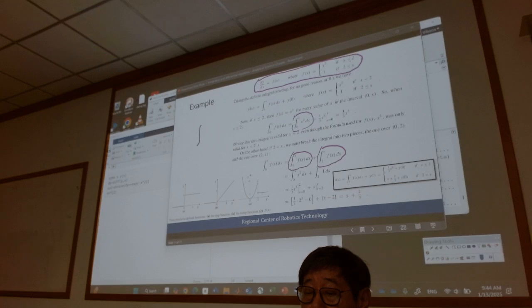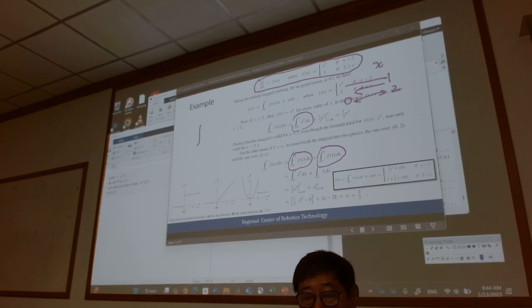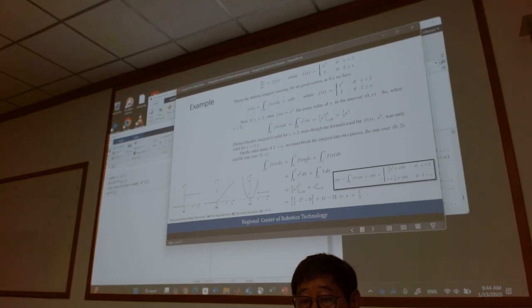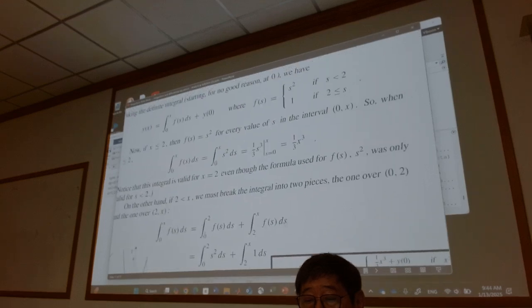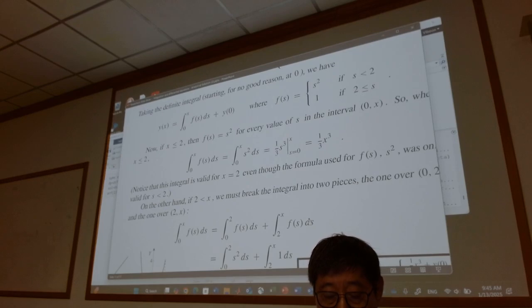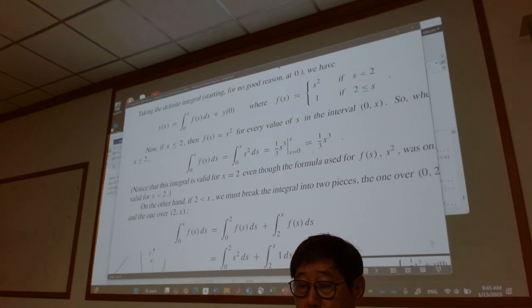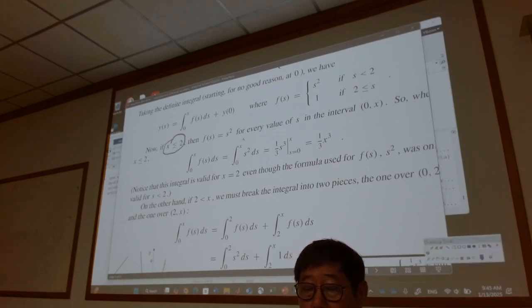If x is between 0 and 2, only this function will be activated.